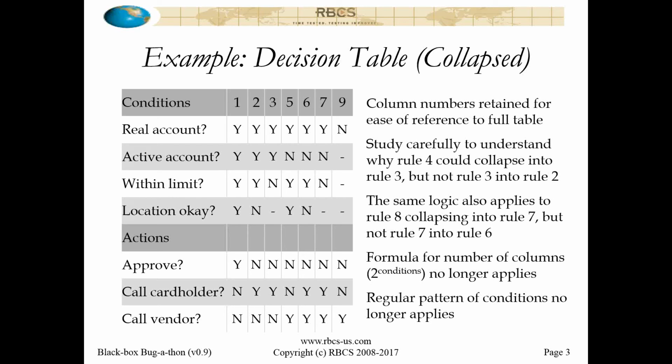And so the business logic is determined by human decisions, and therefore a mathematical pattern like what you saw in the full decision table doesn't apply. The rule for testing this is again the same: you would run at least one test per column. So you create the appropriate inputs and verify that the appropriate actions are taken and not taken.